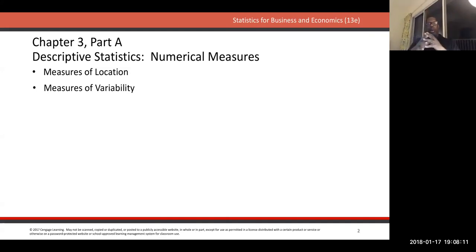So the idea is being able to describe sample data. When we talk about measures of location, essentially we're talking about where in a distribution, a collection of values, the numbers are positioned relative to each other. So location. The mean, the average of all of those numbers, is what we call a measure of central tendency. That means most of the values should be somewhere around the average.